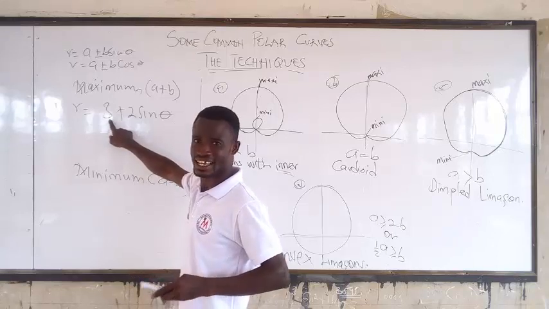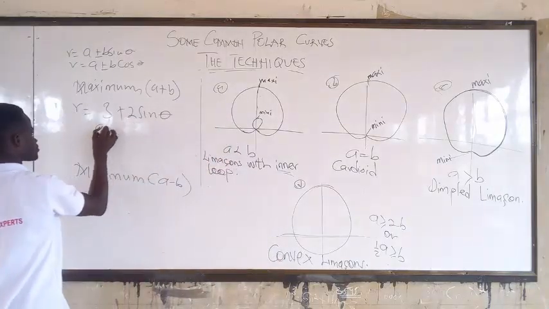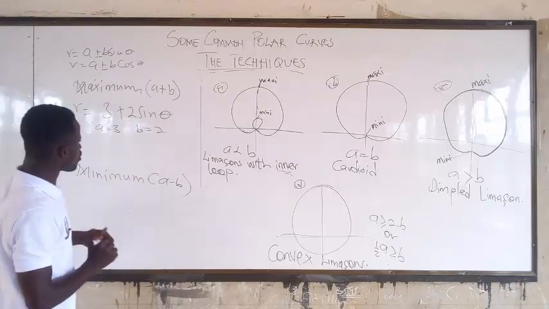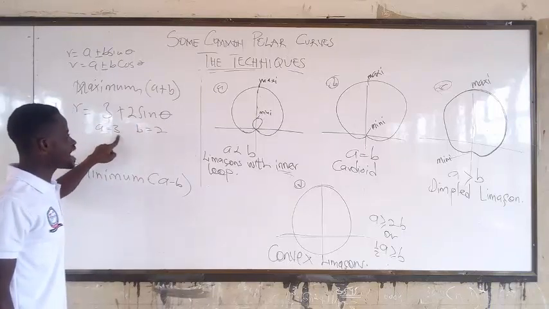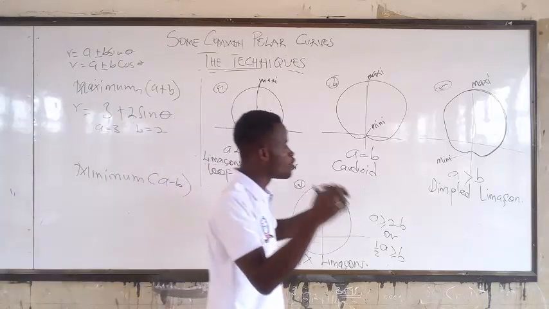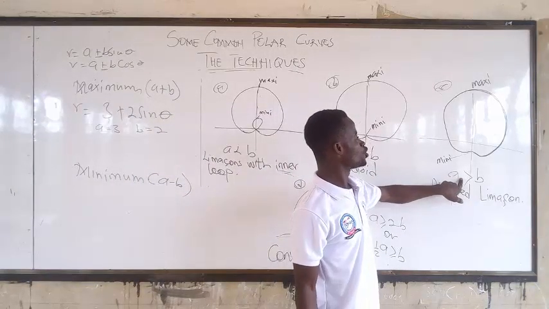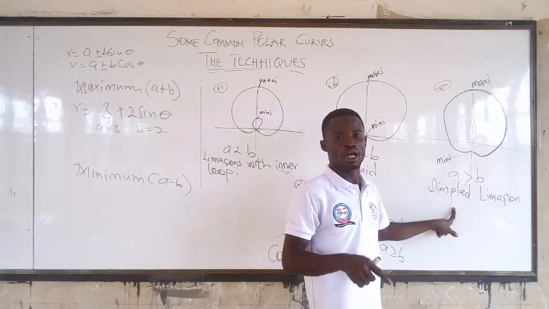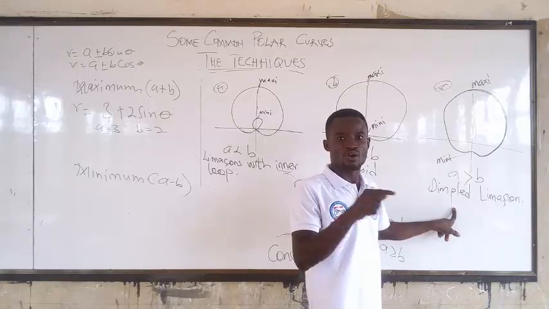The a is 3. The b is 2. So that means that a is greater than b. So if a is greater than b, beautiful. So that means that it's going to be a dimpled limaçon form.